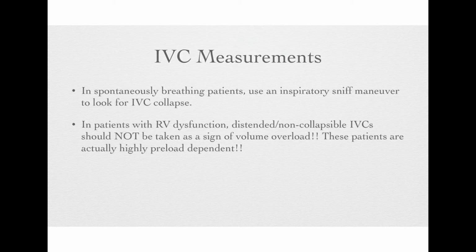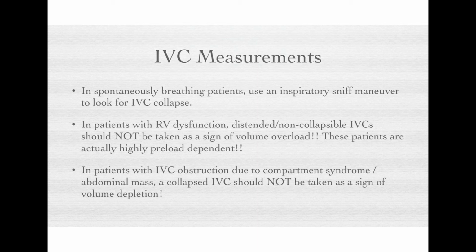And so you can often make the situation much worse by trying to diurese a patient with a distended IVC in the presence of significant RV dysfunction. Conversely, in a patient with IVC obstruction due to a compartment syndrome or an intra-abdominal mass, a collapsed IVC should not be interpreted as a sign of intravascular volume depletion.